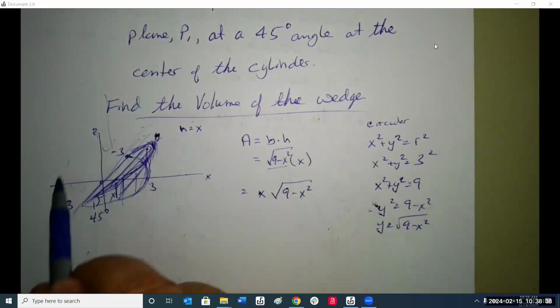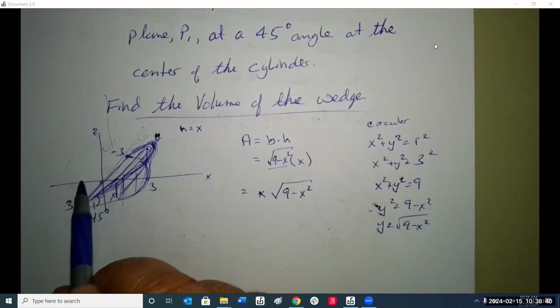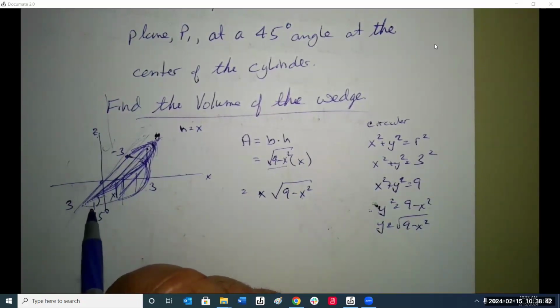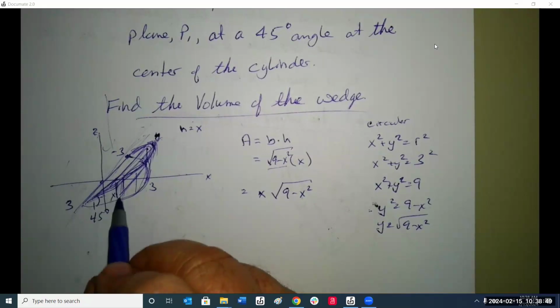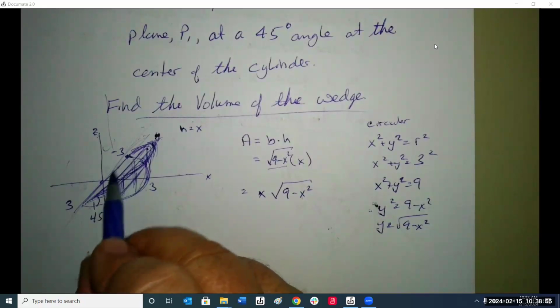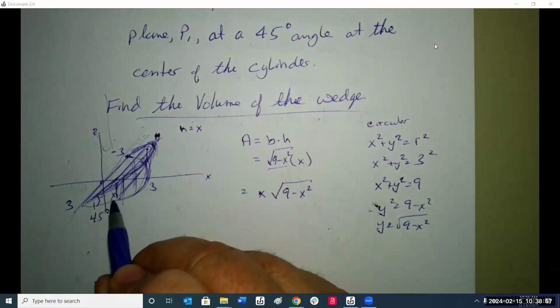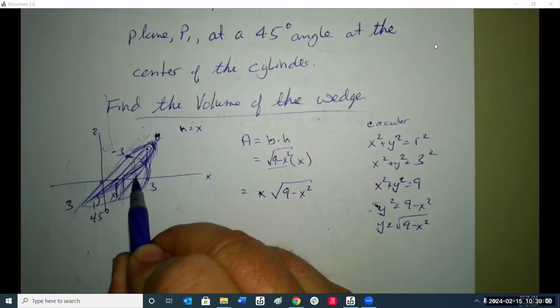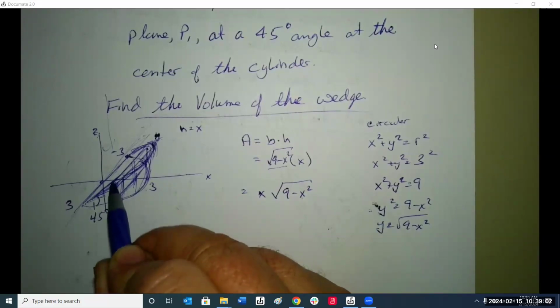This would just be the circle part, the base. And the height. So this one would go from 3 or x to the function.